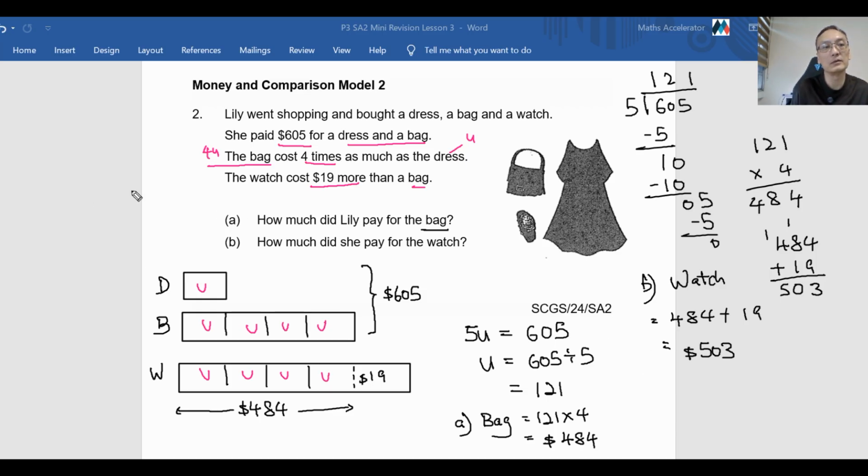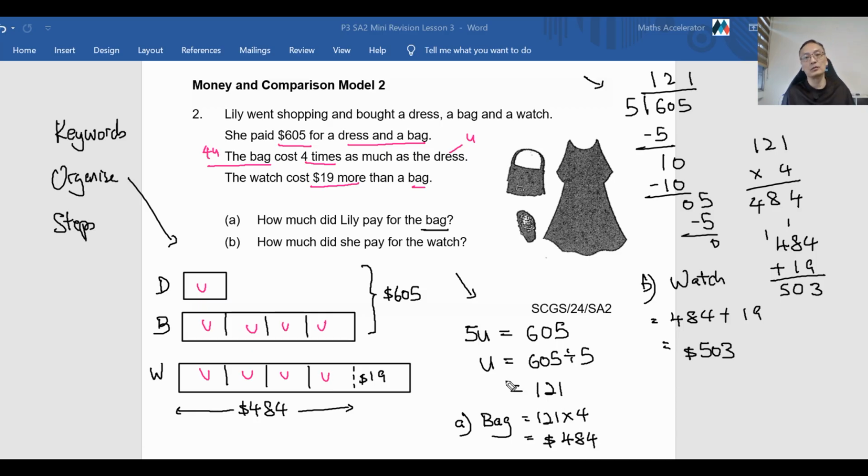Let's recap what we just completed. Number one, we search for the keywords. We underline all these keywords over here, and from the keywords we organize our information. We organize our information in the form of the comparison model, and the last step we carry out the steps, which will include the working, in order to help us reach the answers.